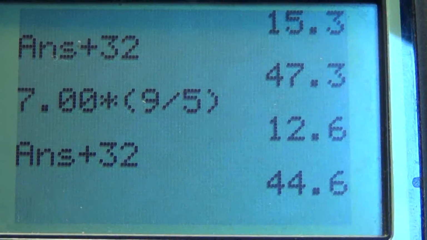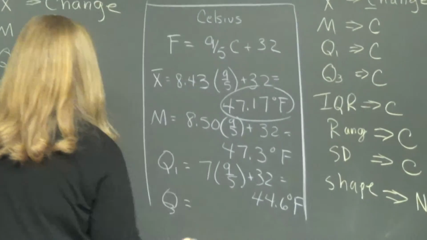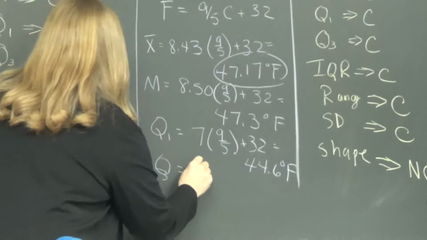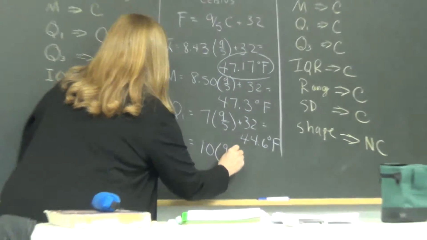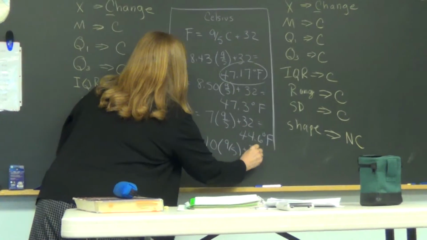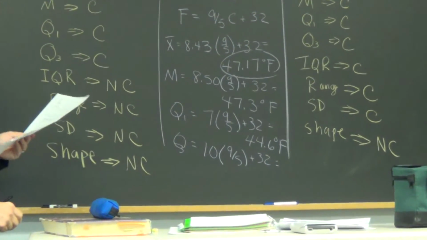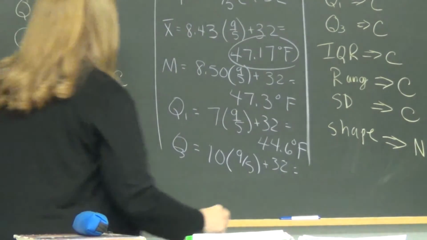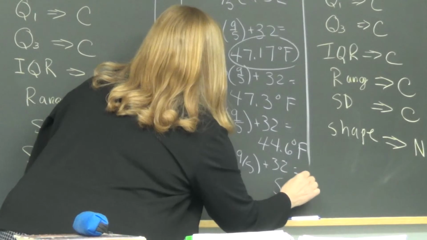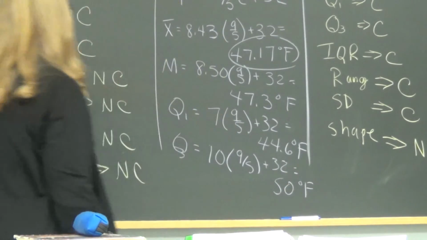Yeah. All right, onward, Q3. Same as Q1. What is it, Julia? It is 10.00. All right, 10 times 9/5 plus 32. 50. Is it 50 even? Yeah. Okay, good. 50 degrees, and I ran out of space, so I guess I can go up with the title there.